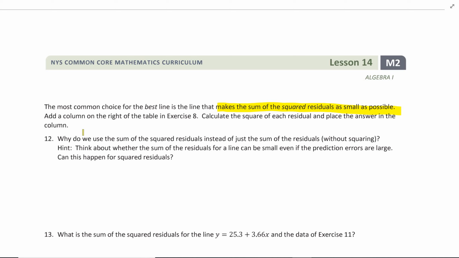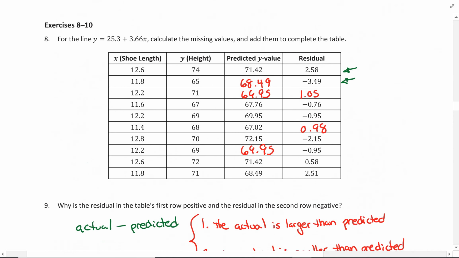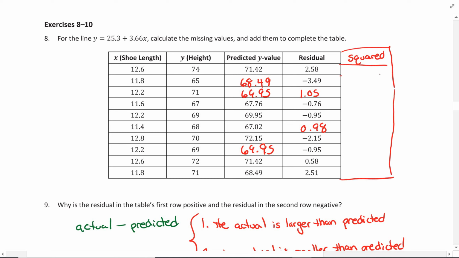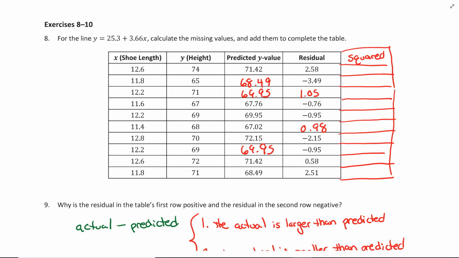This is just grunt work, but I'm going to plug the answers in very quickly, so pause the video, do it yourself, and then check back with your answers. But if we add another column and call it squared, and if we square each residual, we're going to get the following numbers.